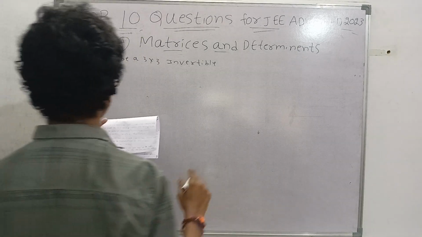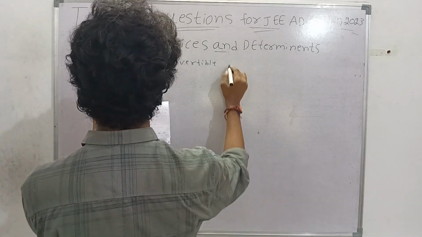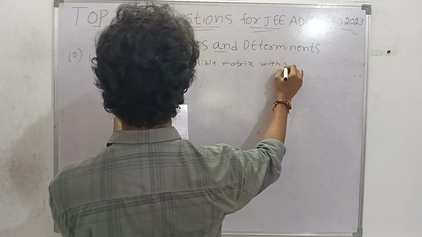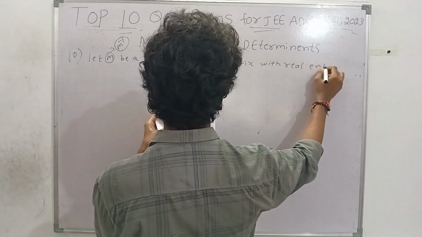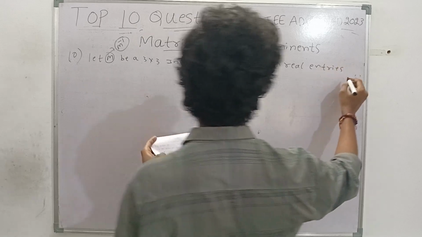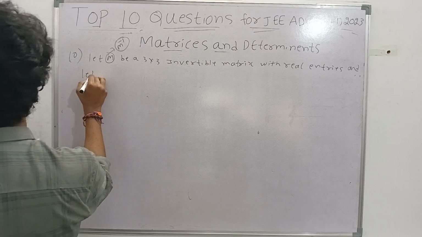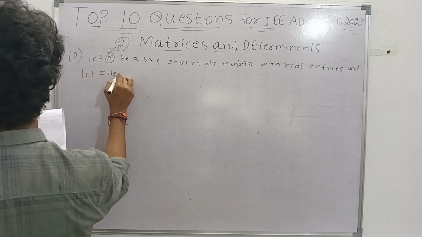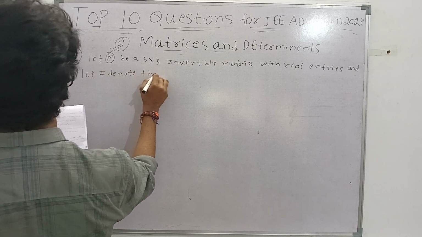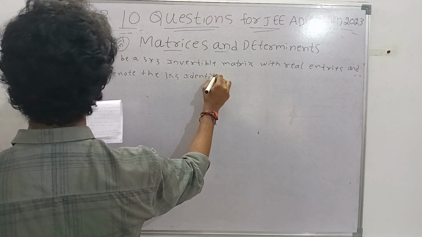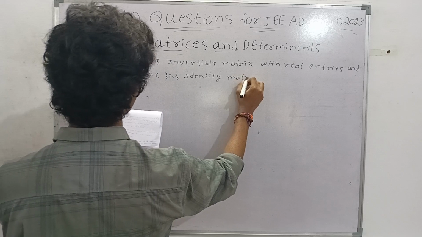Let M be a 3 cross 3 invertible matrix with real entries, and let I denote the 3 cross 3 identity matrix.